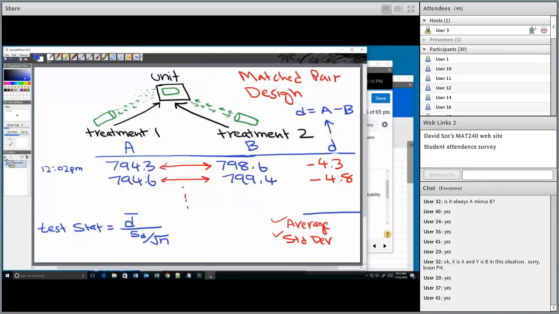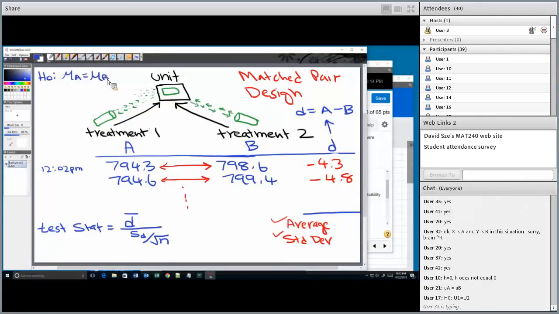So the first case, what is my null hypothesis? And I'm going to use mu now, the mean, the average, the mu. So what is my null hypothesis? Very good, Mike. Mu A equals mu B. Okay.